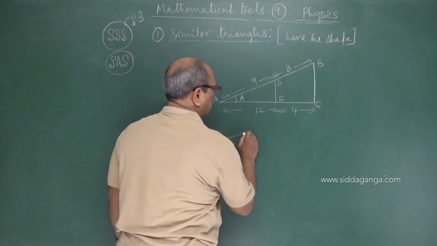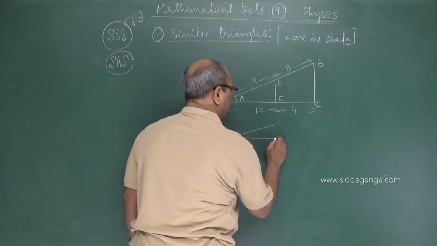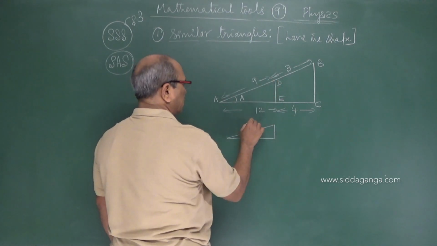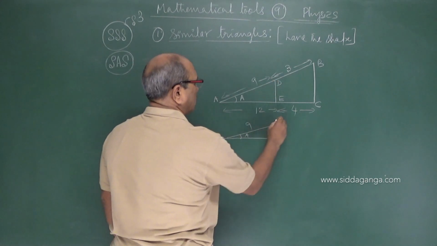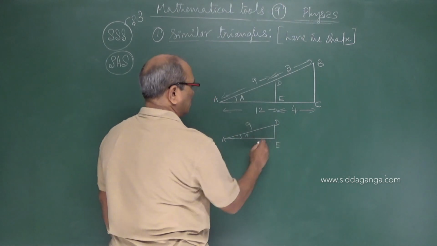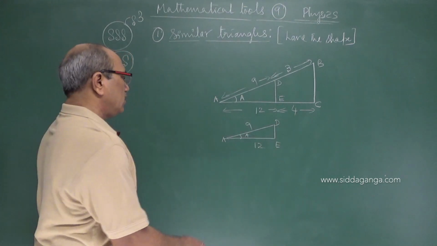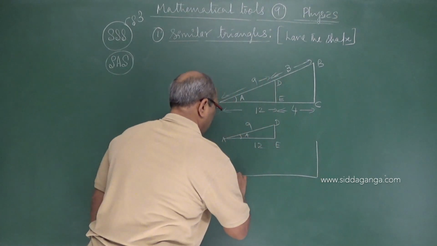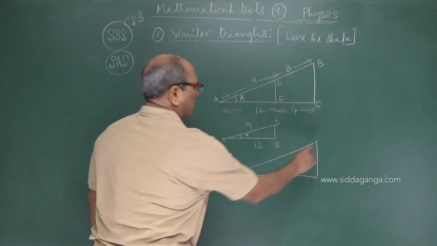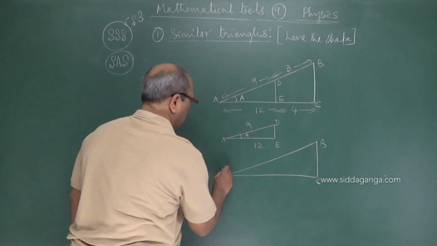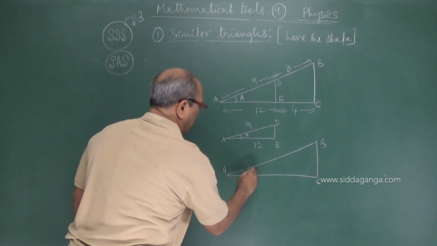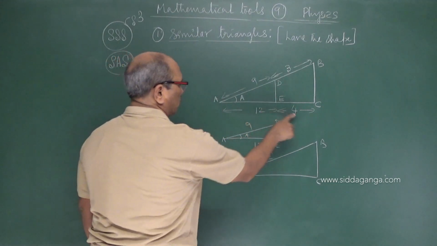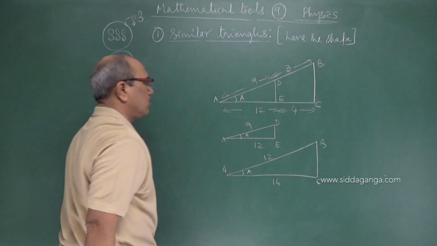If I split this, one triangle you are getting here is ADE. This length is 9, this is 12. Another triangle I am taking: ABC, angle A, 9 plus 3 is 12, and 12 plus 4 is 16.